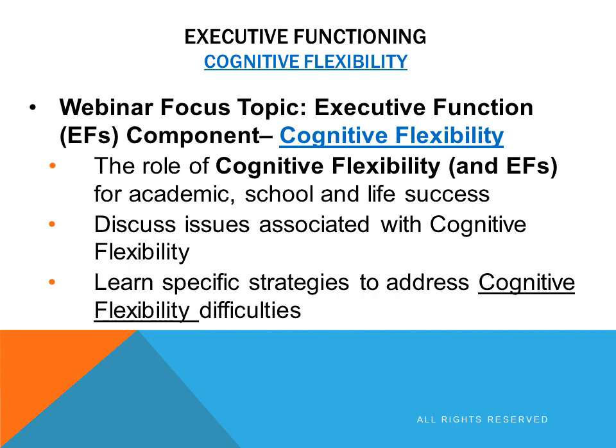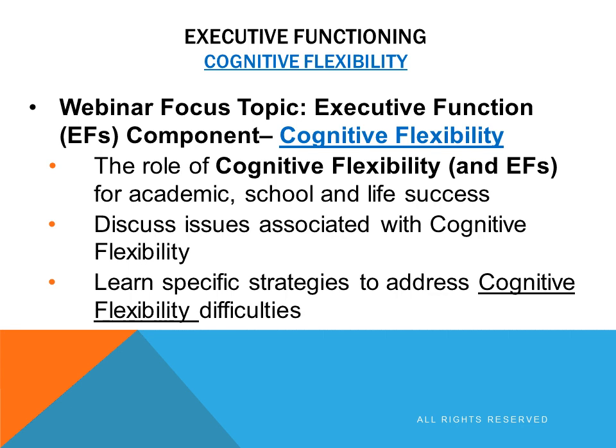The other important thing I want to emphasize as we begin this webinar, it's fantastic that now we have the opportunity, thanks to neuroscience research, to learn more and more about how the brain functions and about executive function and its impact on academic success, school success, and life success itself.